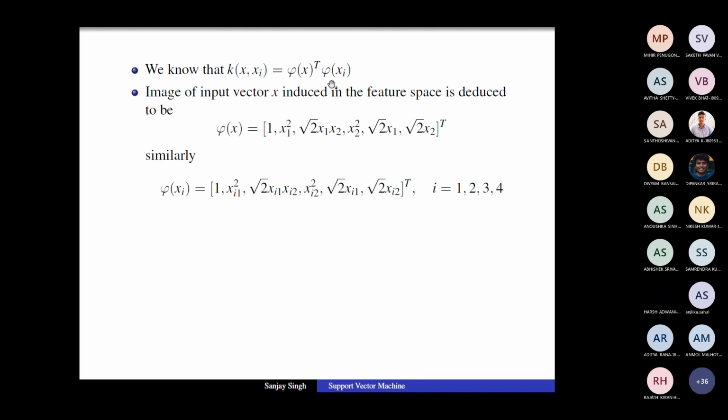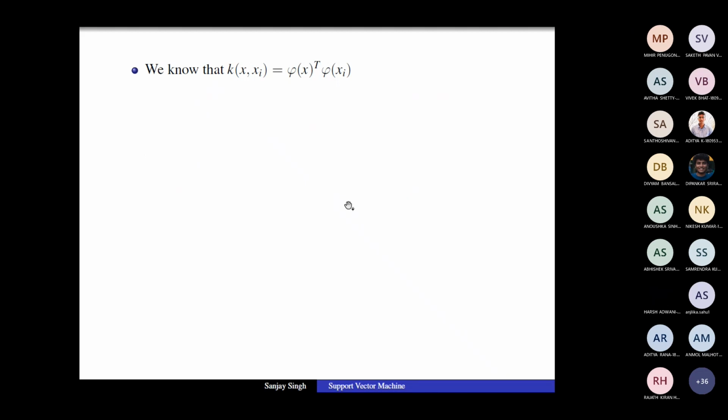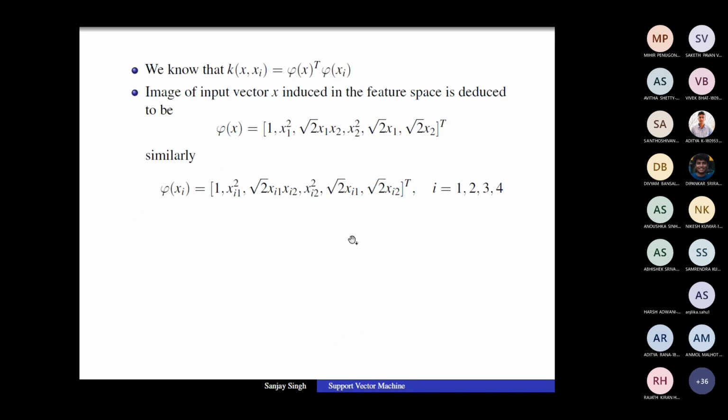So we have to rewrite it. From the statement given in the previous slide, you can write phi(x) in this particular form and phi(xi) this way, because if you apply it like this, phi transpose and phi(xi), you'll get the same expression you got in the previous slide. Here of course i is varying, so this indicates the different inputs.